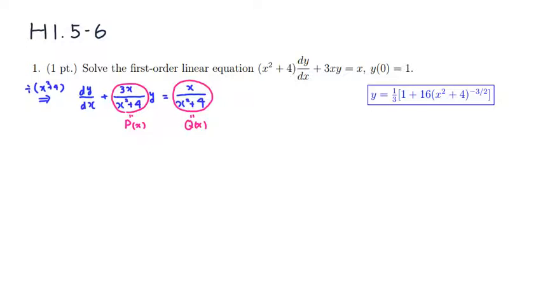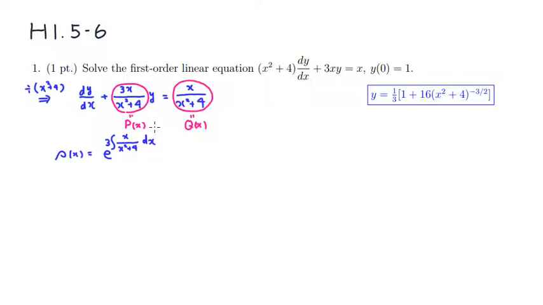The integrating factor, rho of x, is equal to e to the integral of 3x over x squared plus 4 dx.